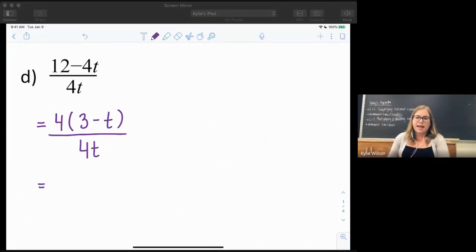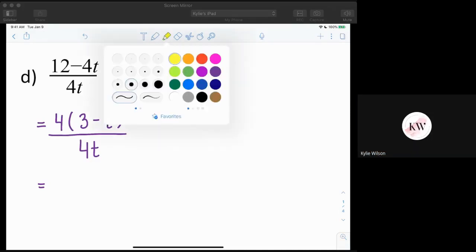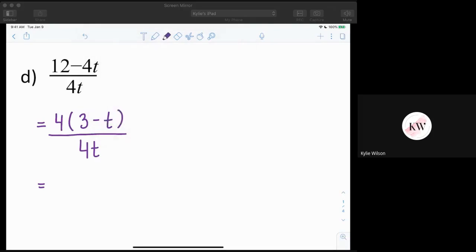I'll finish this one and then I'll answer those questions. Okay, so I have 4 times 3 minus t, over 4t. Now I'm just going to cancel what I can. I can cancel both these 4's, and I'm left with 3 minus t all over 4t.